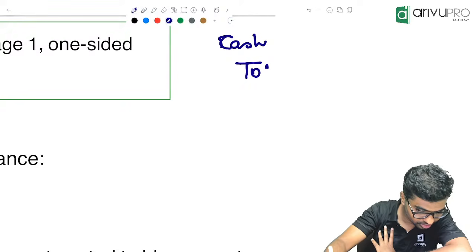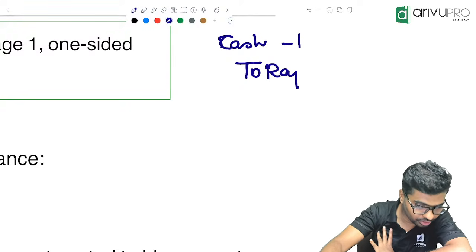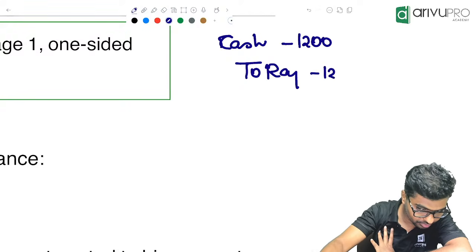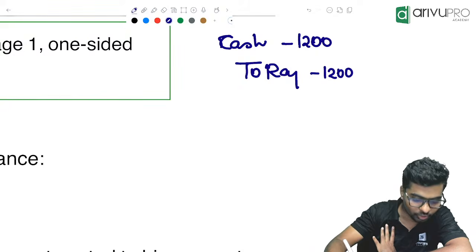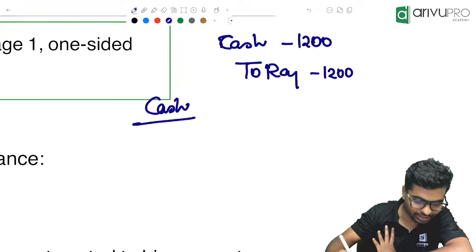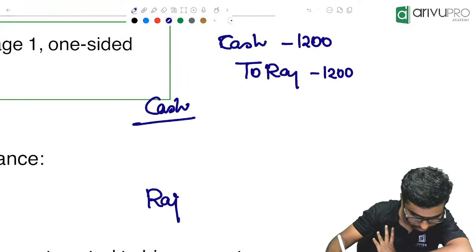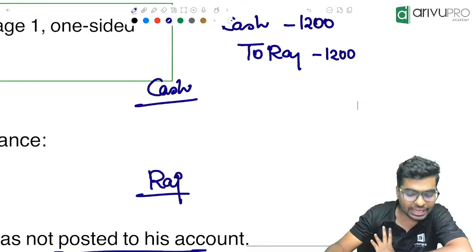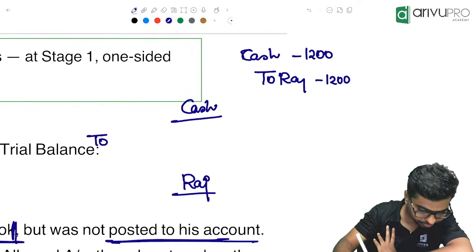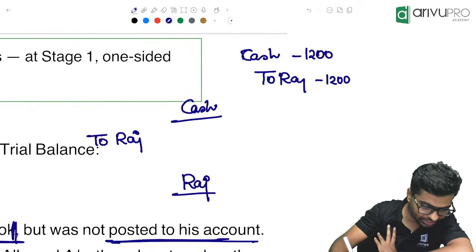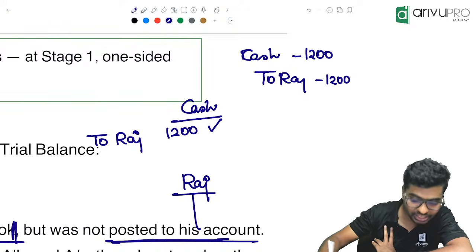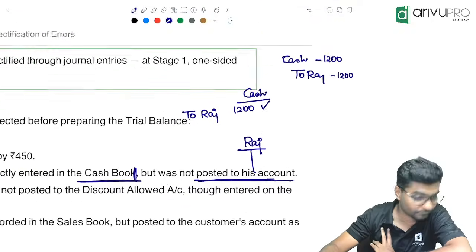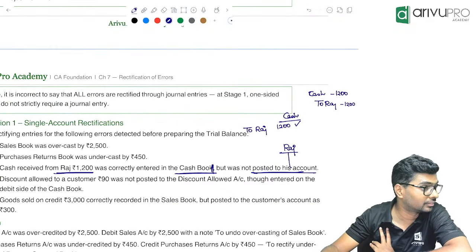Cash, what's the amount? 1200. Now I'll open the cash ledger. In the cash ledger, where should you write? To Raj, 1200. Did he write? In Raj's account, what should he have written? He did not write. So what's your rectifying entry?